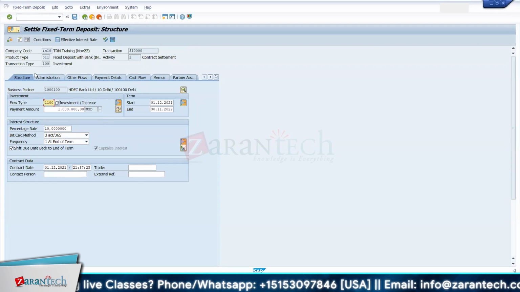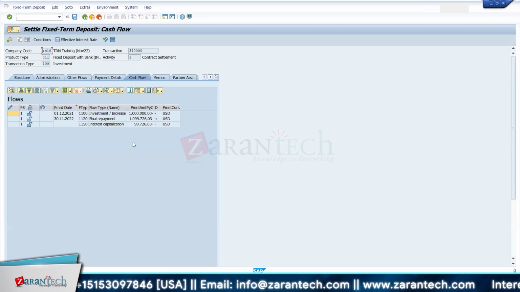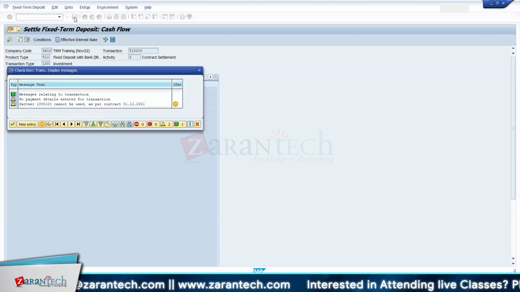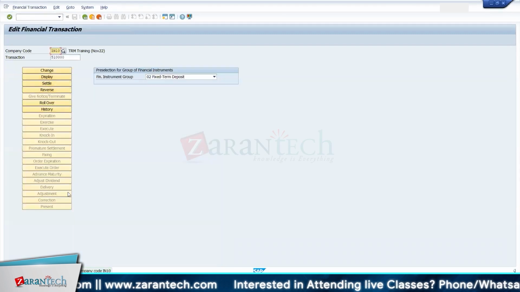So before you release, you need to check each and every piece of information provided in the deal. Your cash flow is correct, data are correct, there is no issue at all. You can see the posting specification is changed, the status is changed to 1. If I save this, now I would be able to post the accounting entry. So for this fixed deposit, the status has changed to 1.